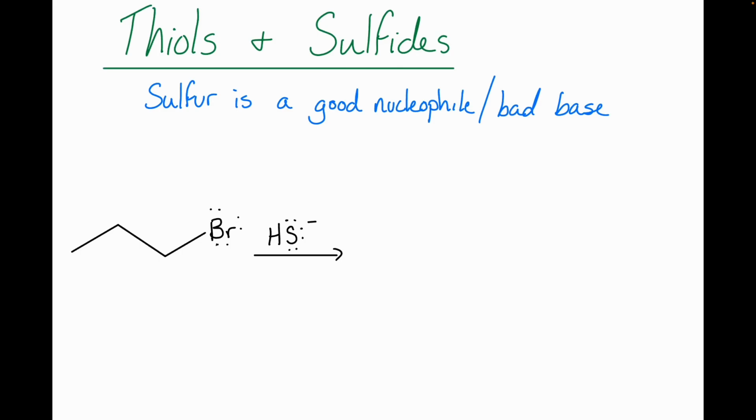All right, so what do we know about our alkyl halides? Well, bromine's a good leaving group, which makes that carbon a good electrophile. And as we established, sulfur is a good nucleophile, so nucleophiles are going to do what nucleophiles do: attack our electrophile and kick off that leaving group.